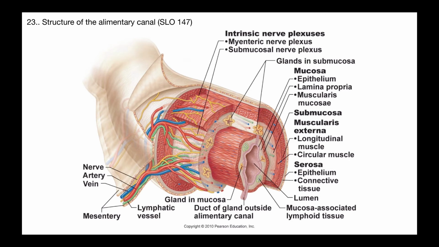So there are the various intrinsic nerve plexuses as well as the blood vessel and lymphatic plexuses as well. And again, a plexus is just a little network. The submucosa is the layer that's been added in the digestive system compared to our usual setup of pipes.